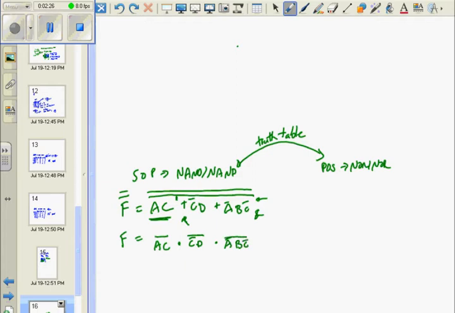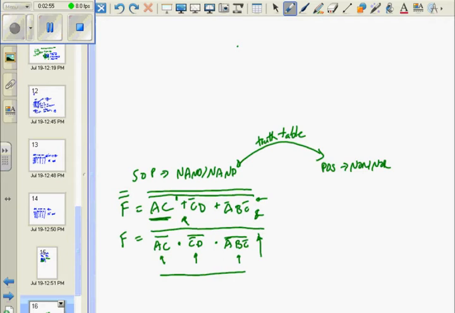And then this upper bar remains. So now look at this. We have a NAND of A and C. This is a NAND of C not and D. And this is a NAND. And then the output of all of these guys is also NANDed. So you see, it was so easy. All you had to do was change these ORs to ANDs and have these extra bars on top.